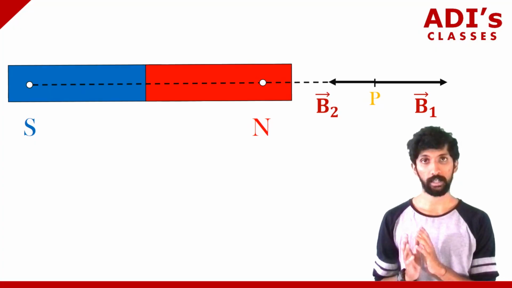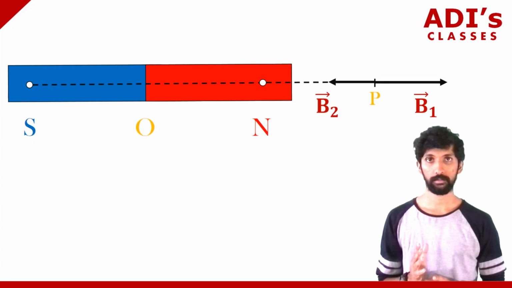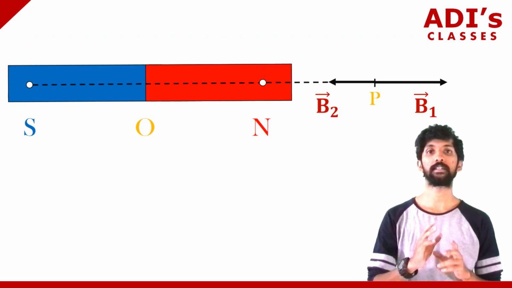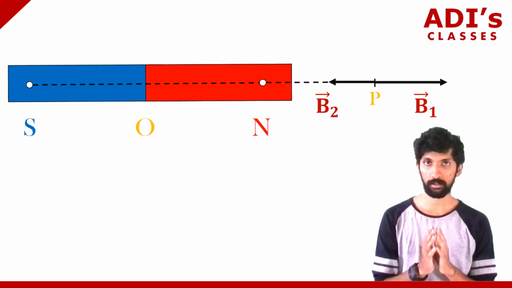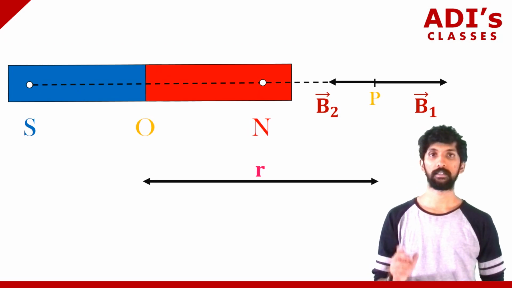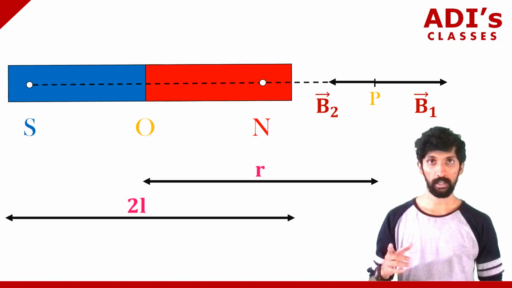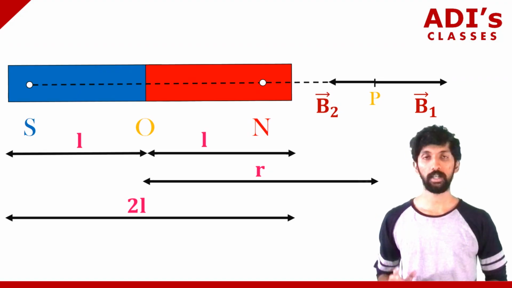Whatever distance we take will always be from the center of the dipole. Let the distance from point P to the center of the dipole be r, and the total length of the dipole is 2l, so that is l and l.